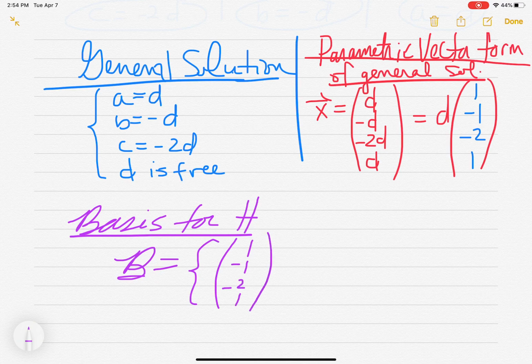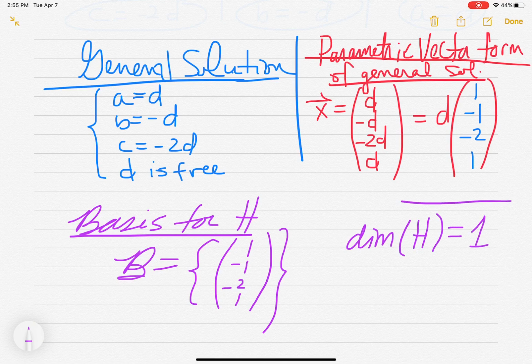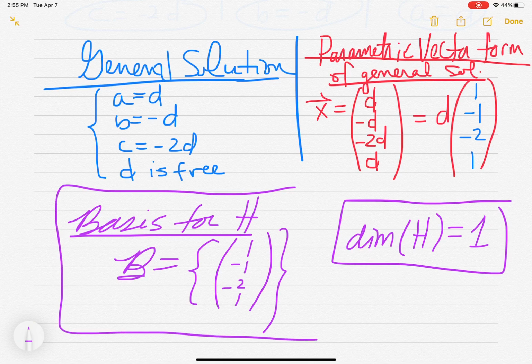You can build the entire null space from that single vector. Just scalar multiples of that will build it all. So that means the dimension of H in this case is 1. One vector can do it all. So pretty easy, I think. I think we'll stop there and maybe pick up in another video.